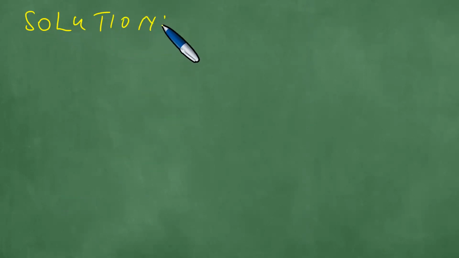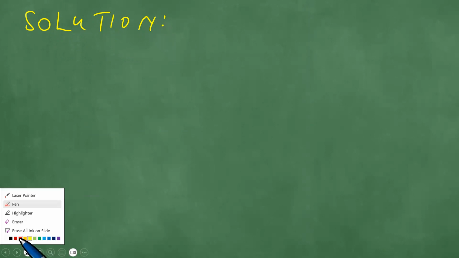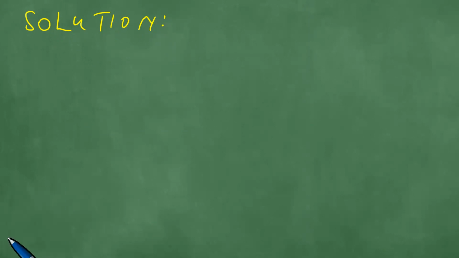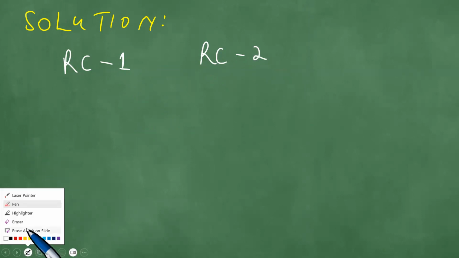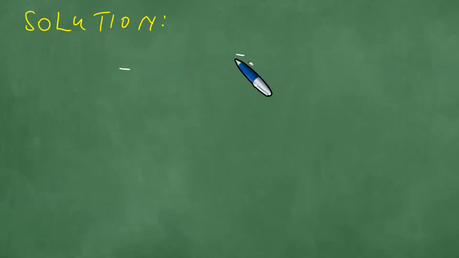Right, looking at the solution, a couple of things we need to consider to solve this problem. So there are mostly two instances where you have the RC1, but there's also RC2. Let me write as follows.